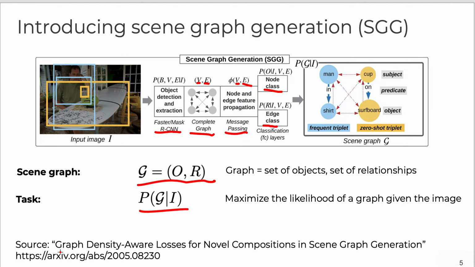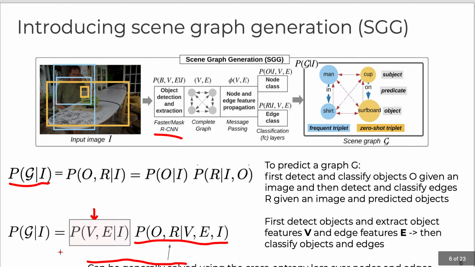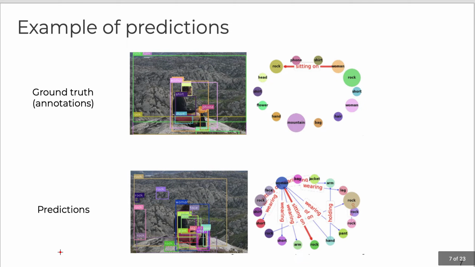So it introduces this problem in an intuitive way. For example, this is how the predictions would look for some image. On top we have ground truth annotations, and you can notice that they can be very, very sparse.